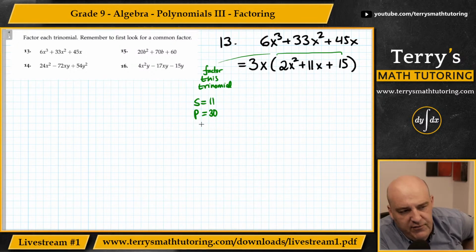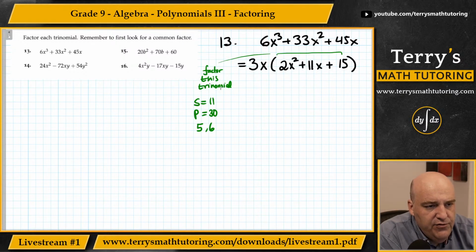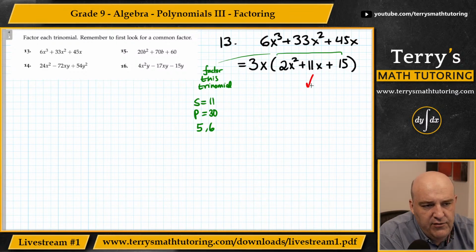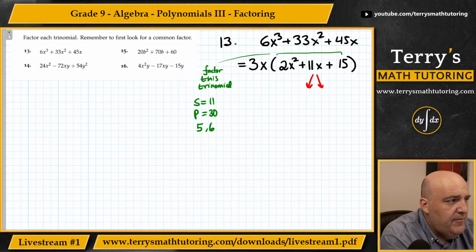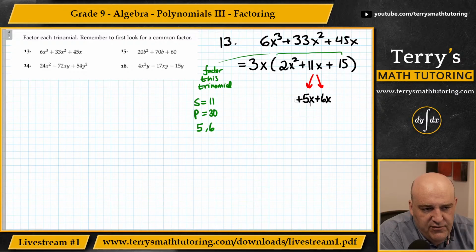I think that's 5 and 6, right? And so we're going to break this guy up using 5 and 6. So instead of 11x, we're going to write 5x plus 6x. And this 5x is not just 5, but it's a plus 5.